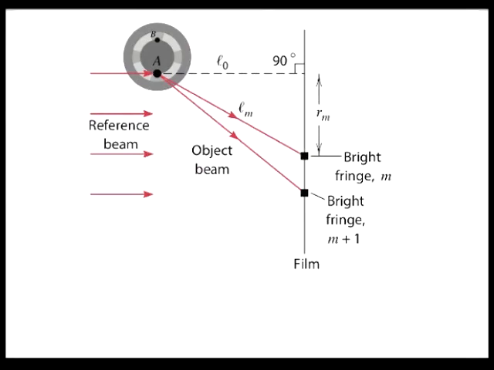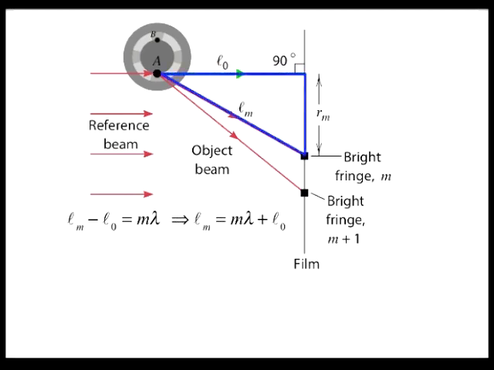In the drawing, Lm is the distance between point A and the place on the film where the mth order bright fringe occurs, and L0 is the perpendicular distance that the reference beam would travel from point A to the m equals 0 bright fringe. In addition, Rm is the distance along the film that locates the bright fringe. In terms of these distances, we know that the condition for constructive interference is Lm minus L0 equals m lambda, which we can solve for Lm as Lm equals m lambda plus L0.